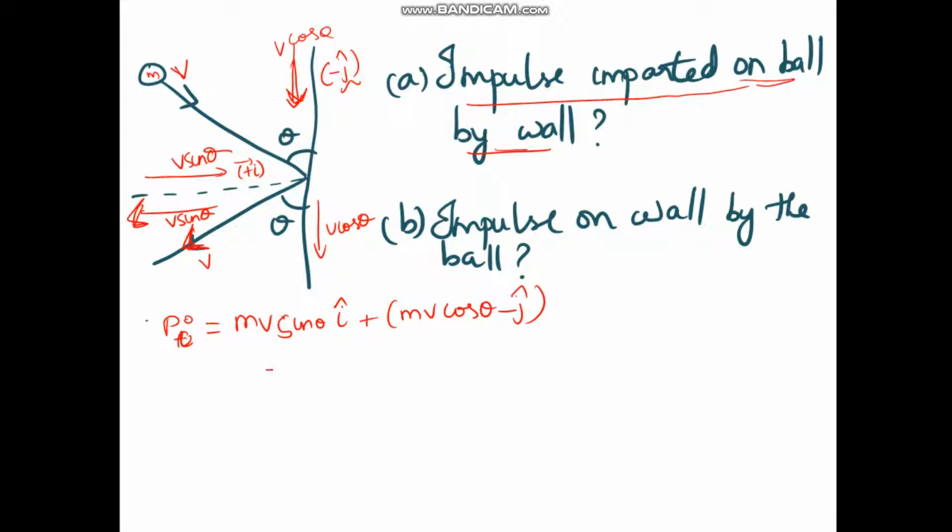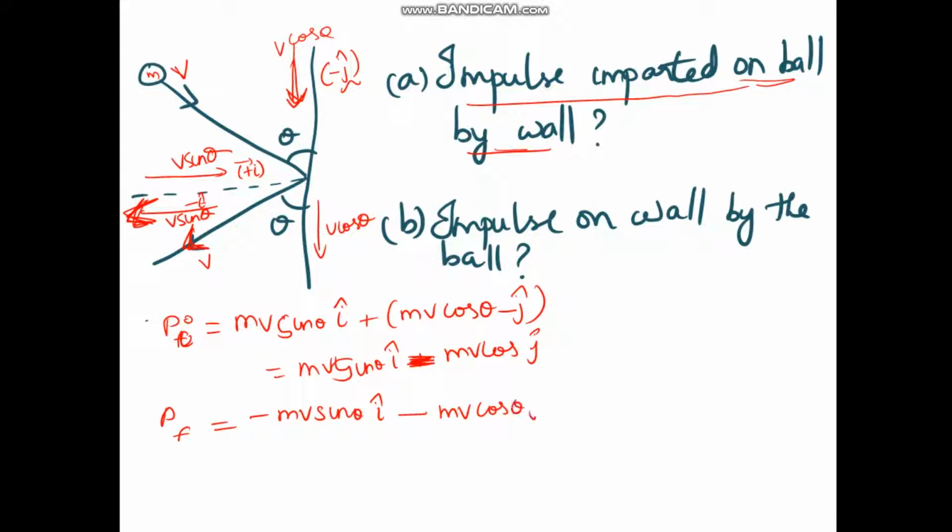So it is mv sin theta i cap minus mv cos theta j cap. Final momentum, similarly along the x-axis, but it is pointing in this direction, so it is minus mv sin theta i cap, minus mv cos theta j cap. Here also, since it is in the downward direction, it is minus j cap.